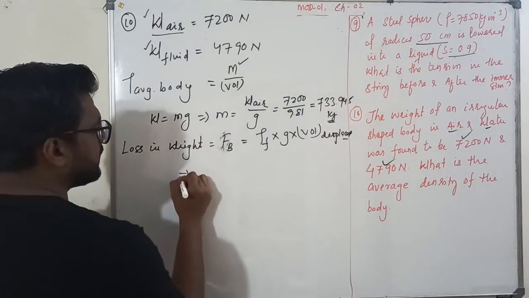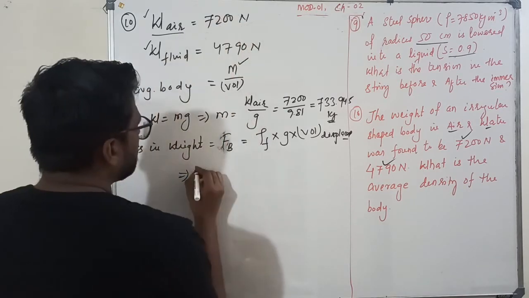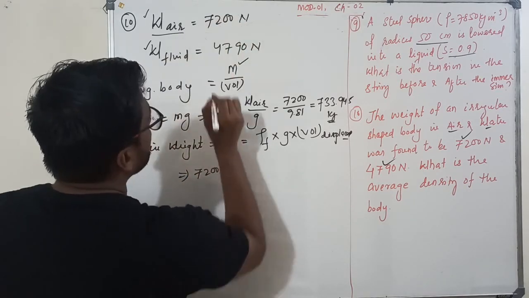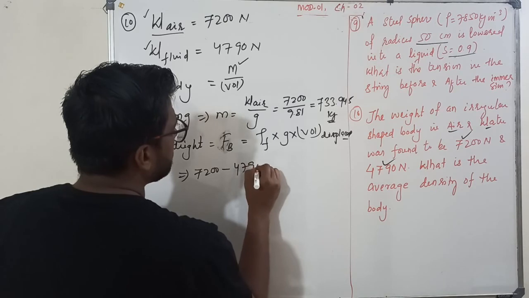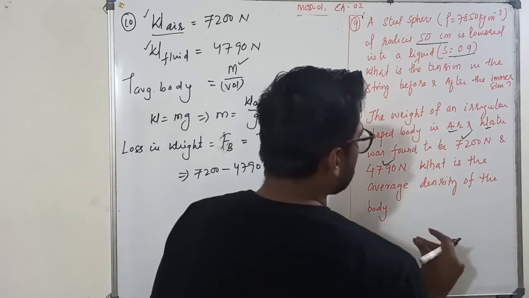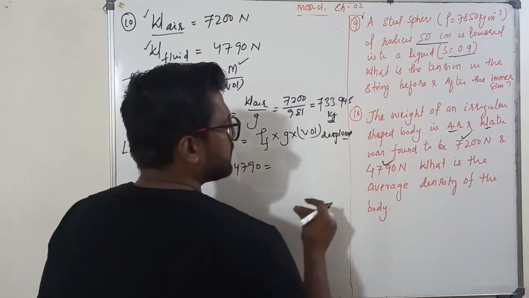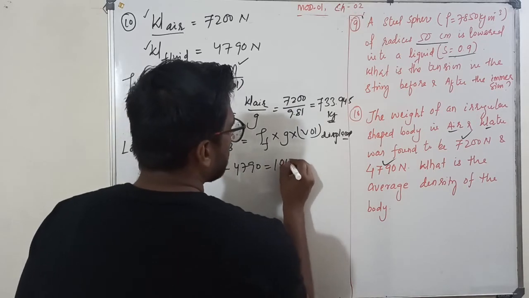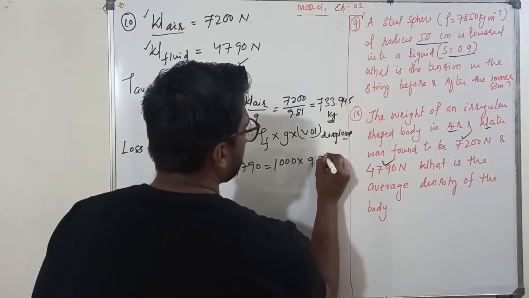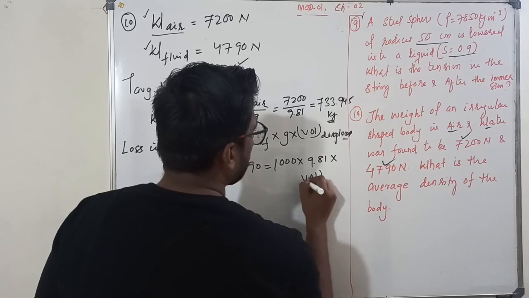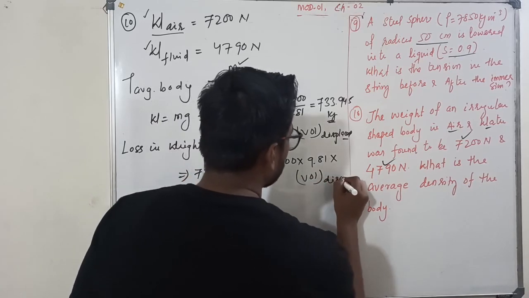So this implies loss in weight: 7200 minus 4790. Density of fluid is given. It is in water, so take the density of water, 1000, multiplied by g 9.81, times the volume displaced, which we need to calculate.